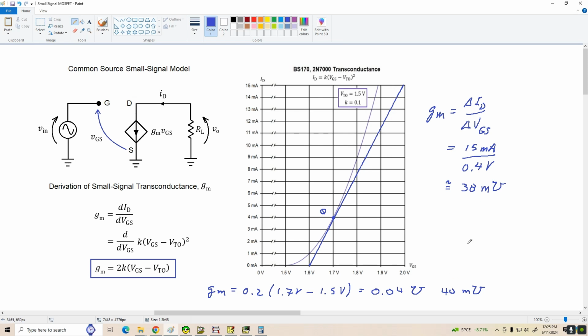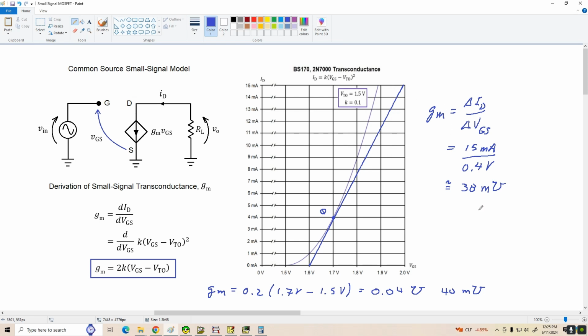And that's in pretty good agreement with what we got using the equation. So you can kind of think of this as a sanity check, and it gives you a little bit more faith in the equation we derived over here because it does match up pretty well with our graphical estimate.